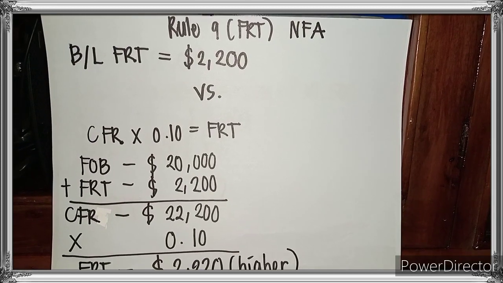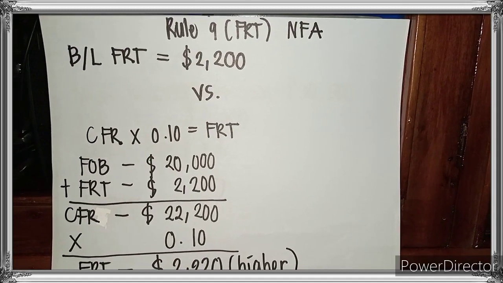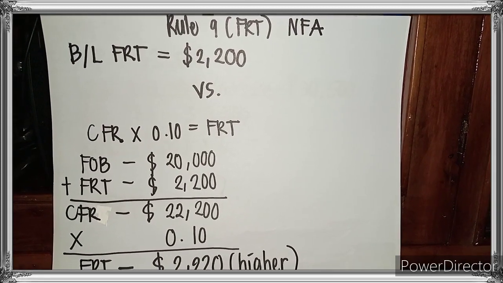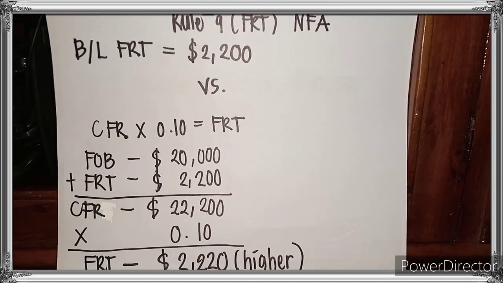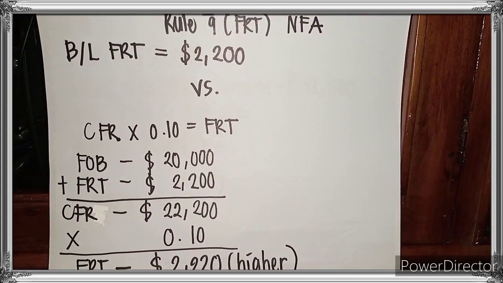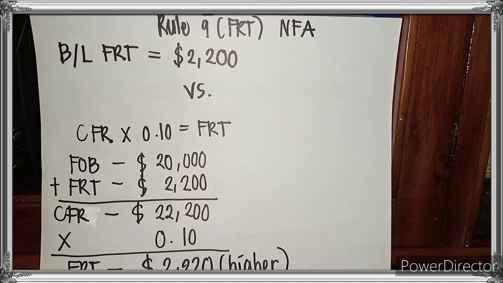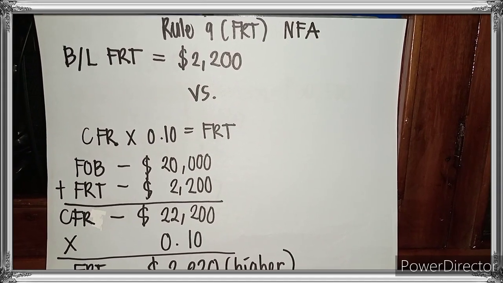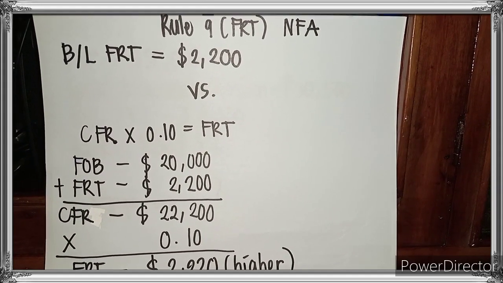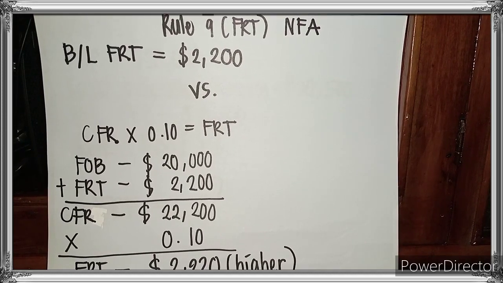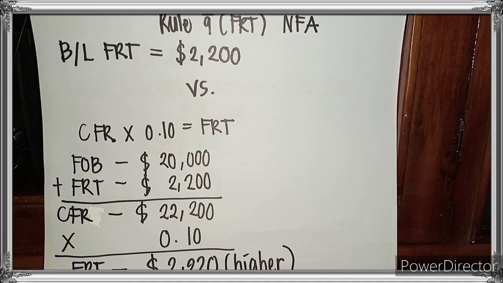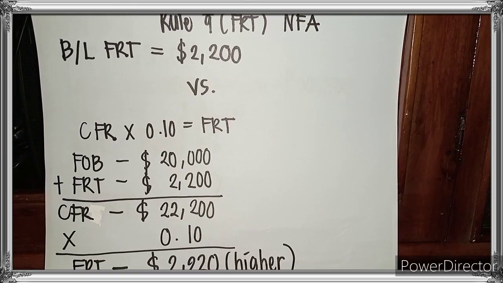To find the freight, we will apply Rule 9 freight, which covers importations made by the National Food Authority. We compare the bill of lading freight of $2,200 versus CFR times 0.10.